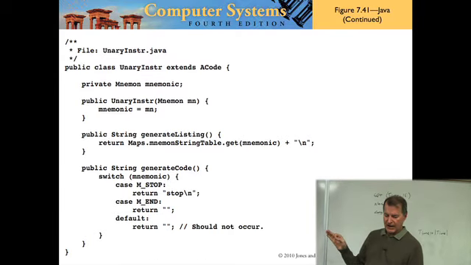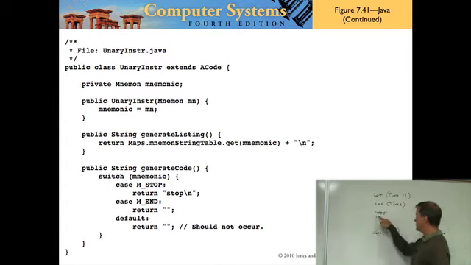Okay, and then look what generate listing does for this. It returns maps dot what? Mnemon string table dot get mnemonic. So that it generated the stop and then the new line. So what it did is it looked up the mnemonic, the enumerated stop, and remember how we had the map demo? We had the string table, we had the mnemon tables.